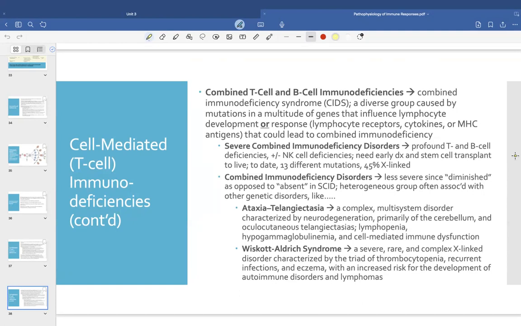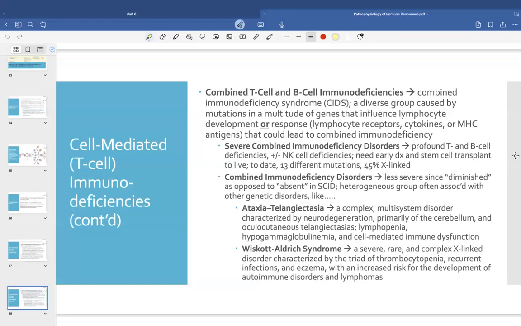There are severe combined immunodeficiencies, of which 45% are X-linked. There are 13 different mutations that can cause severe combined immunodeficiency. These patients very early in life will need a stem cell transplant if they're going to survive.